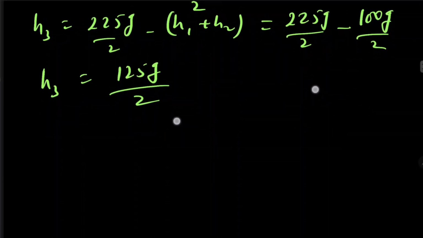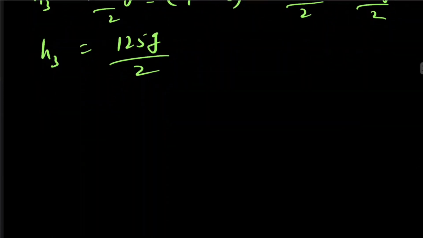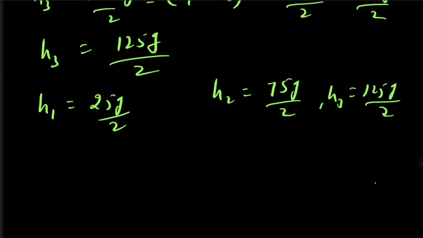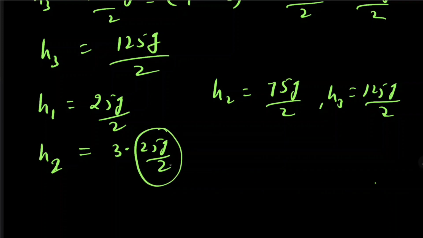Now we have to find the relation between h1, h2 and h3. So h1 is equal to 25 g by 2, h2 is equal to 75 g by 2, and h3 is equal to 125 g by 2. So let us find the relation. h2 can be written as 3 into 25 g by 2, and 25 g by 2 is equal to h1.